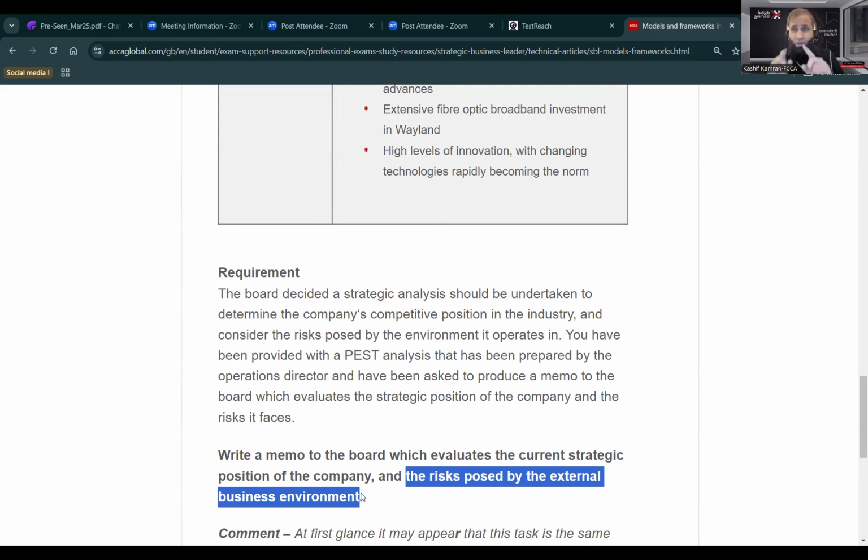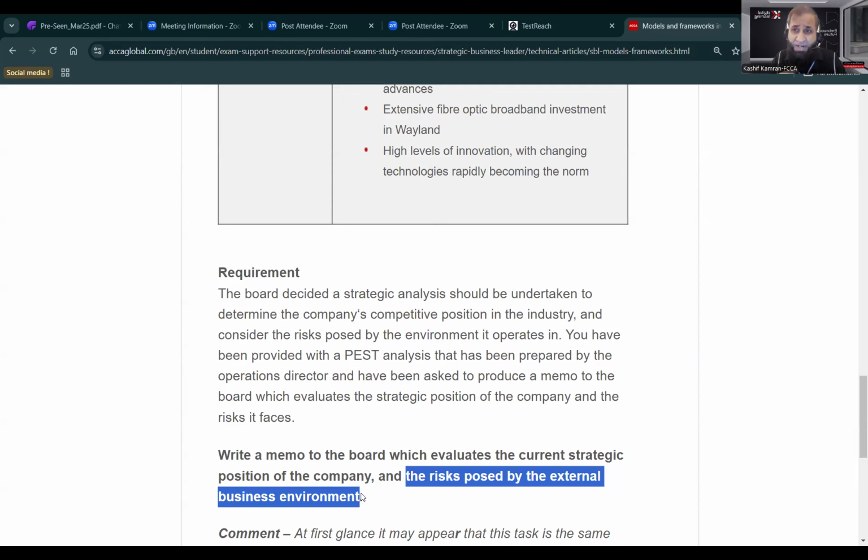I normally tell my students that in the SWOT analysis, the opportunities and threats are the external business environment. Agree? Opportunities and threats have a connection with the external business environment, right? And strengths and weaknesses are my own.